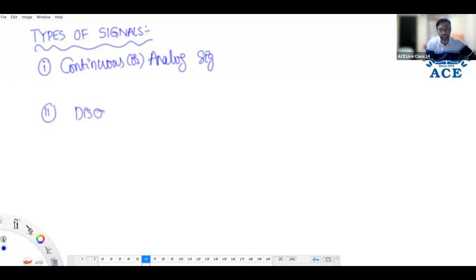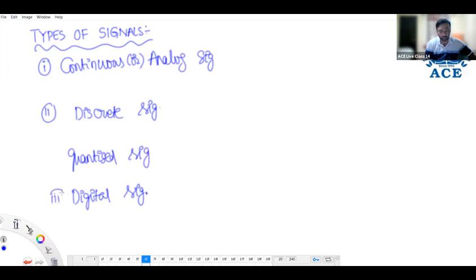Second one is discrete signal. Third one is digital signal. Of course, between discrete and digital, we use a staircase waveform that is named the quantized signal. So in the strict sense, there are four forms of signals: continuous, discrete, quantized, digital.